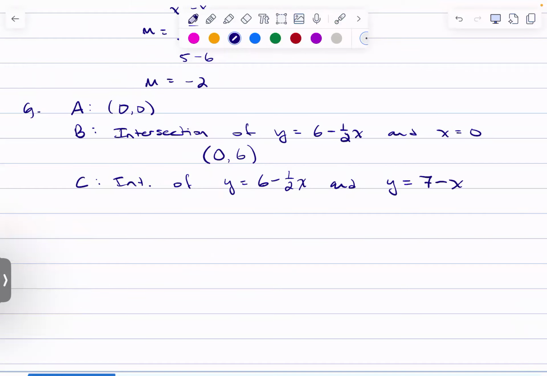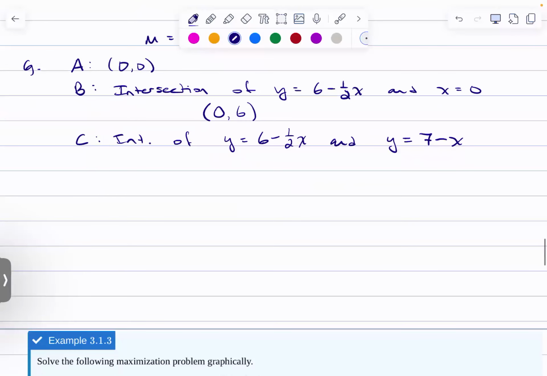Because now to find the intersection, I can just smush them together and solve for x, and then use that to solve for my y. So I get 6 minus 1/2 x is equal to 7 minus x. If I collect all my x's on one side, I get negative 1/2 x plus x is 7 minus 6.